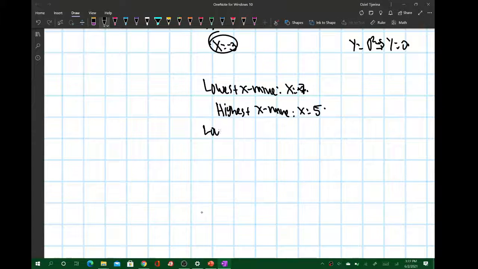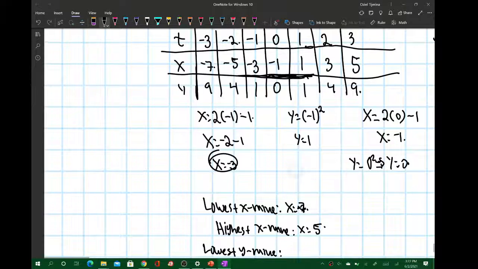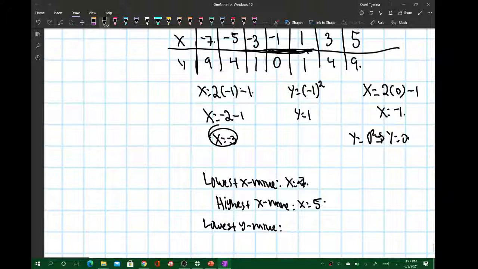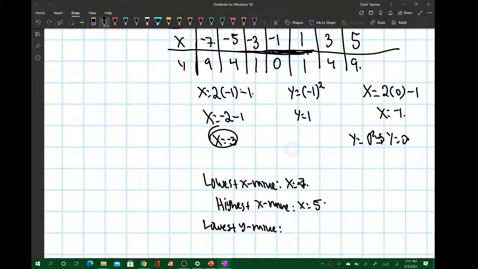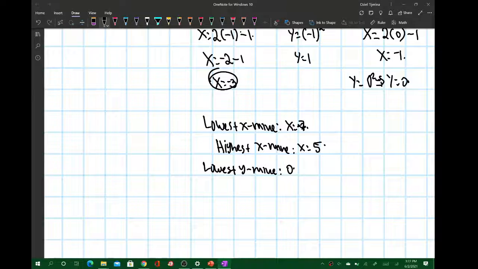Now my lowest y value is 0, so y equals 0.